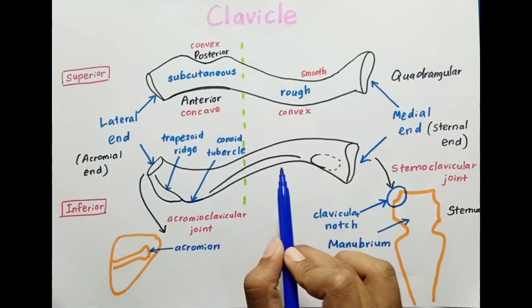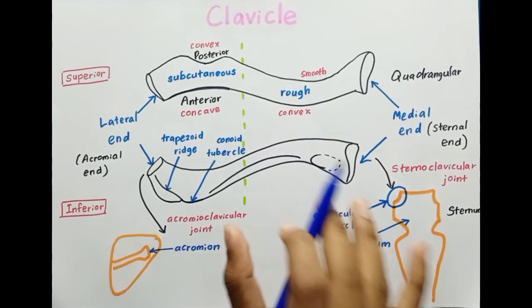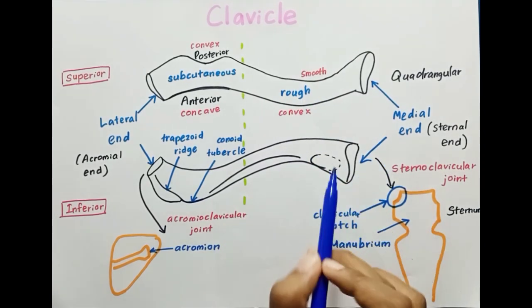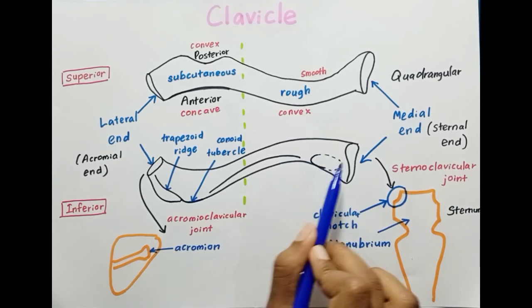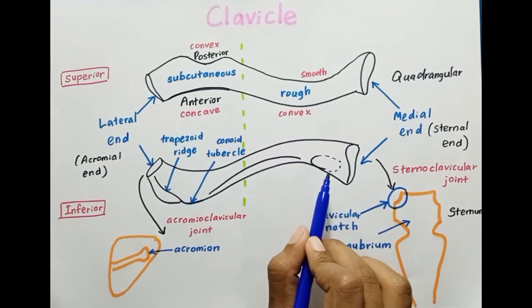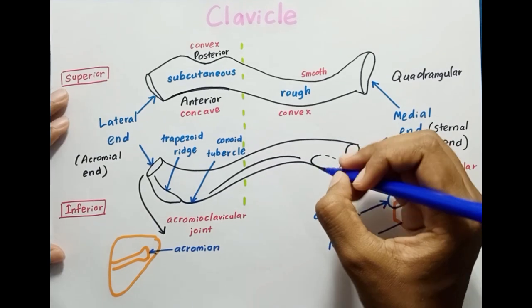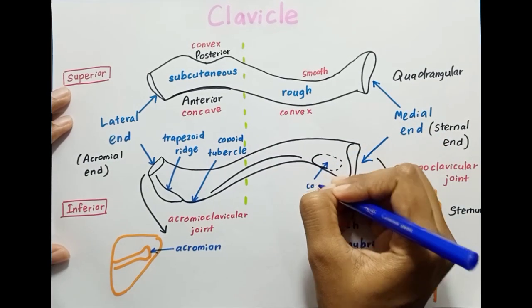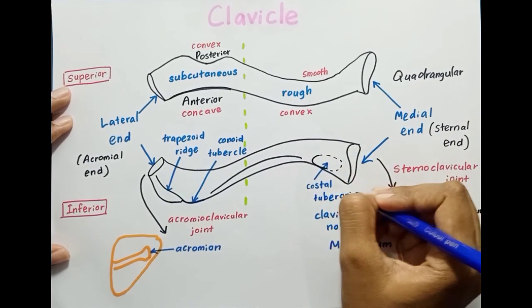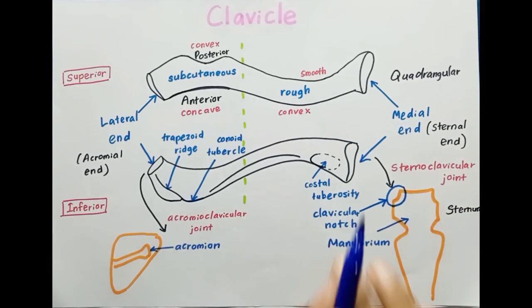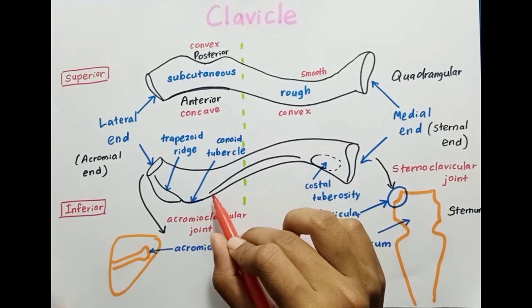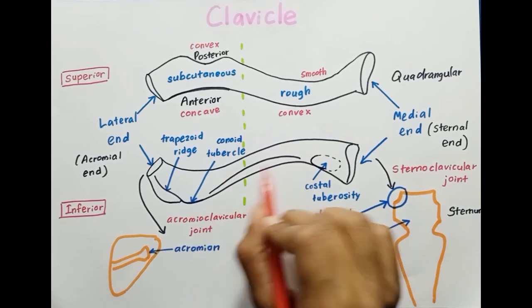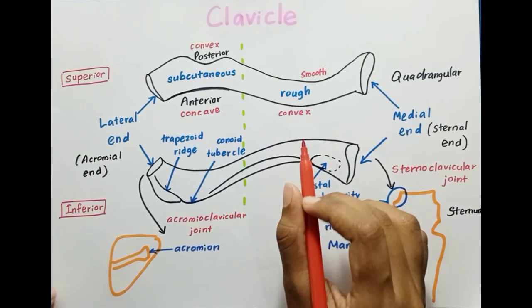And in the inferior surface of the medial 2/3 of the shaft, there is an oval impression at the medial end. It is known as costal tuberosity. And there's a very important groove in this inferior surface of this clavicle. You can see here, it is known as subclavian groove.